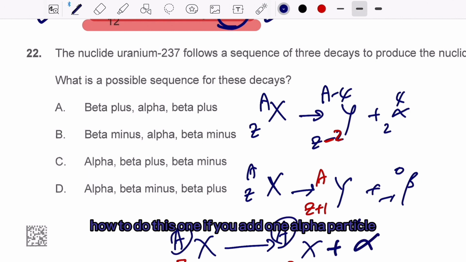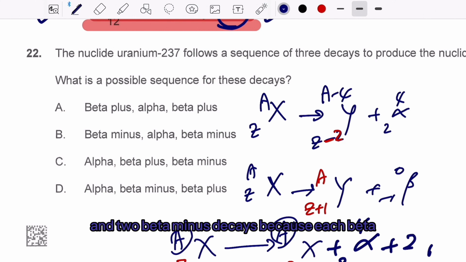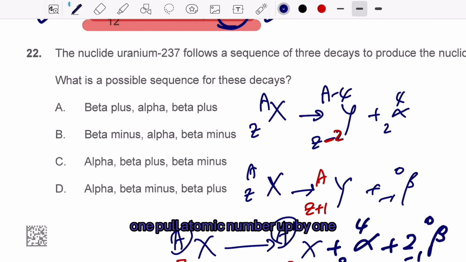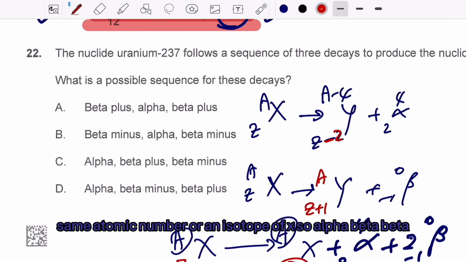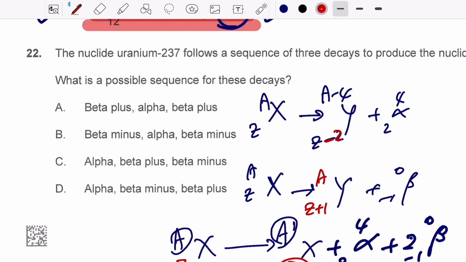If you add one alpha particle and two beta minus decays, because each beta puts the atomic number up by 1, so add two beta minus decays and one alpha decay, it will give you back the same atomic number, or an isotope of X. So alpha, beta minus, answer is B.